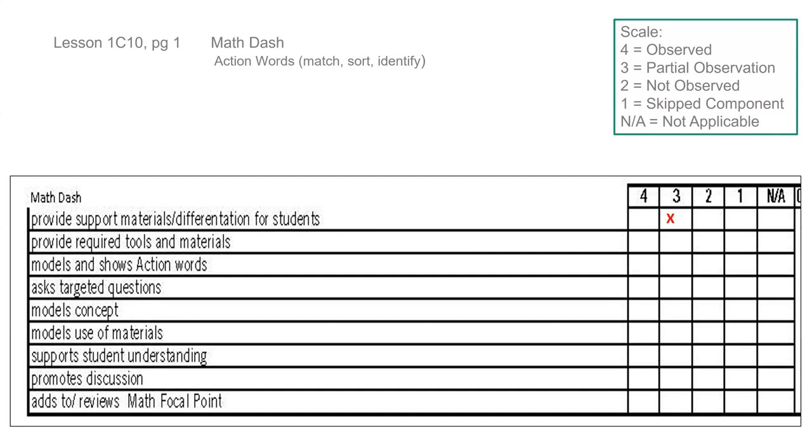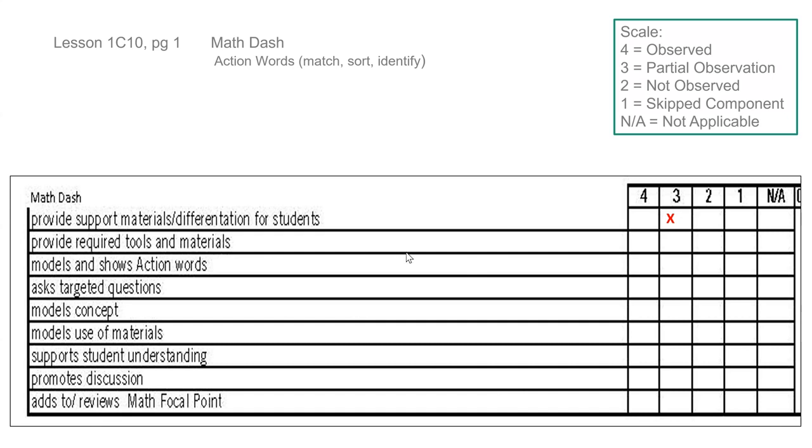I would have liked to have seen more independence in putting those shapes together. Perhaps she was not able to find an adaptation to support his particular needs. That's very possible. That would be a discussion point, I think, after an observation.